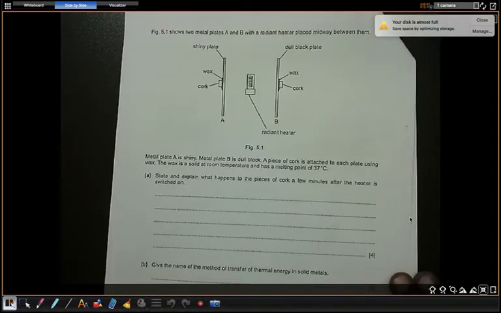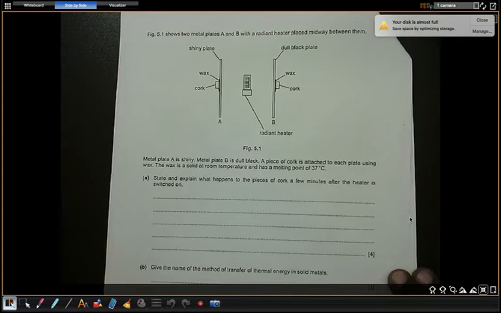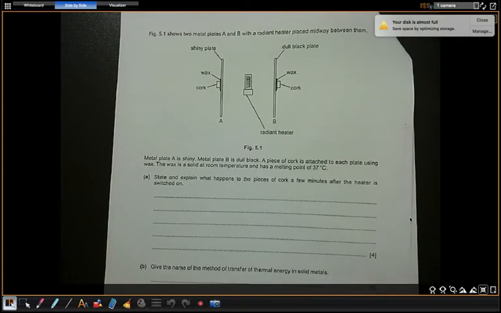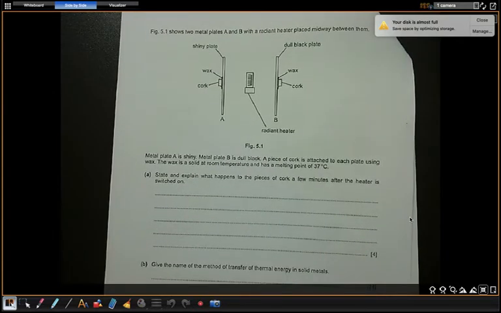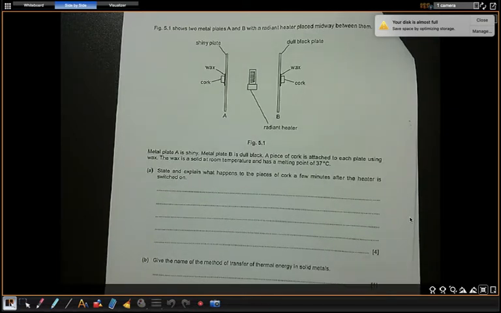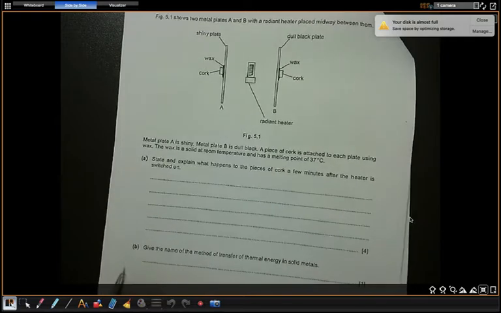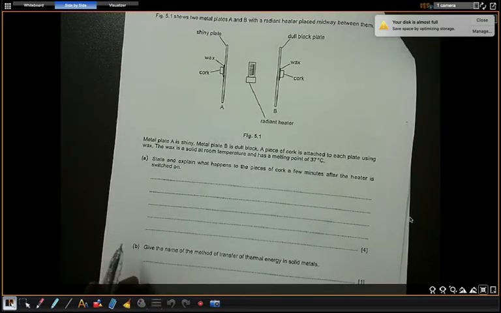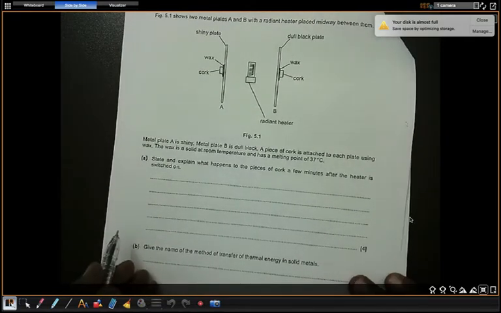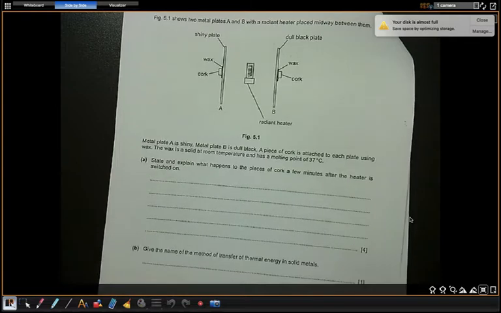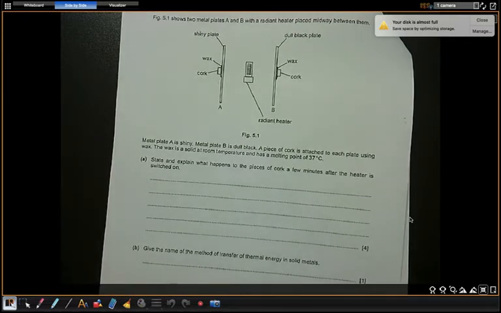This is a question about, I think we've done it in the previous worksheet. That's why I'm just going to skip directly through it, but I'm just going to say it fast. The cork behind the dull black surface will fall first, because dull black is a better absorber of infrared than shiny plate.